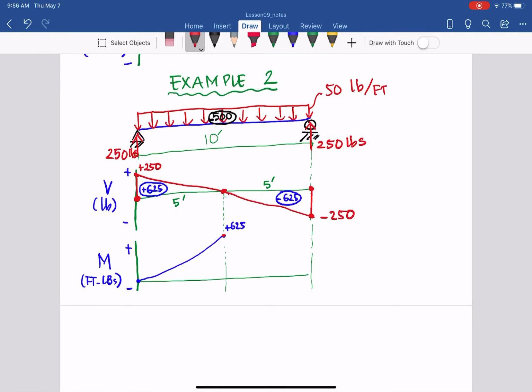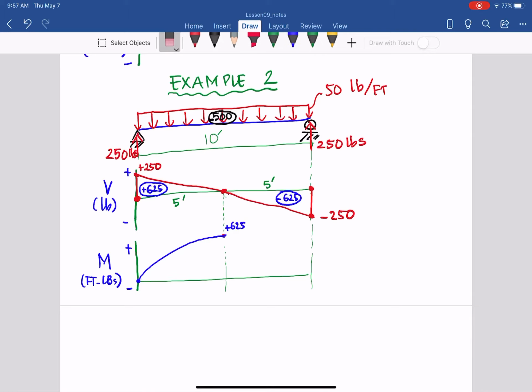But if you draw it that way, it's not zero, because the slope is zero when the tangent line at that point to the moment diagram has to be horizontal. So the only way that you draw the parabola here is so that the tangent line will be horizontal. It's zero, as you can see there.